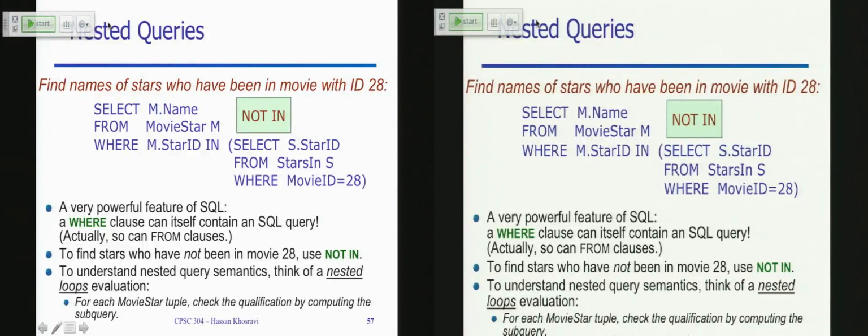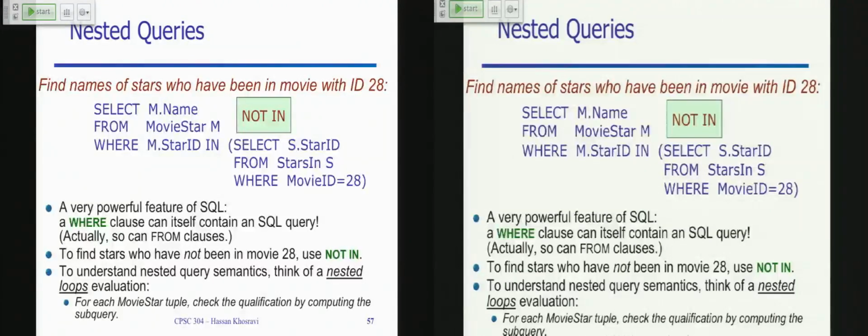Alright, so let's talk about nested queries. Let's assume that I want to find the name of stars who've been in a movie with ID 28. Nested queries allow me to run one query inside another query.